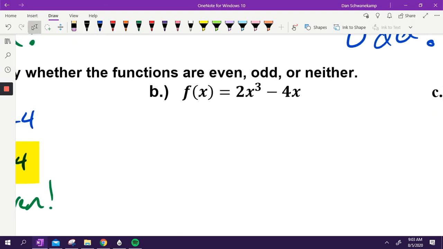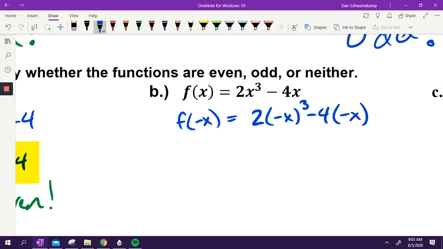Letter B. If it's even, I don't have to check odd because it can only be one or the other. Can't have both. 2x cubed minus 4x. So first thing I'm going to do is check to see if it's even. If I take negative x and I cube it, what's it going to be? Yeah, it's going to be negative x cubed.